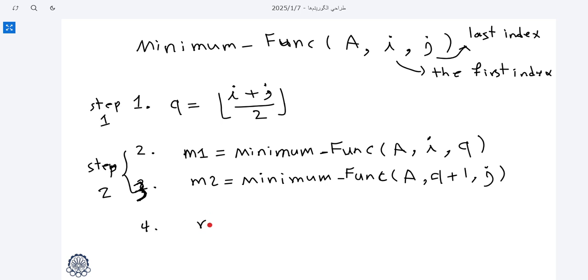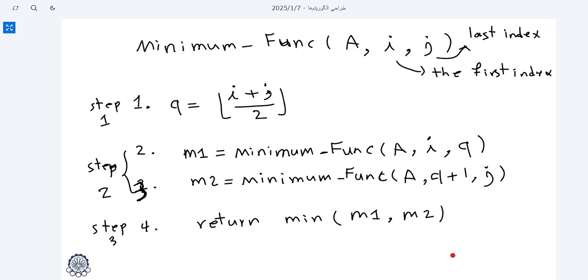Here it's enough that we return the minimum of M1 and M2. This is step 3 of the approach.